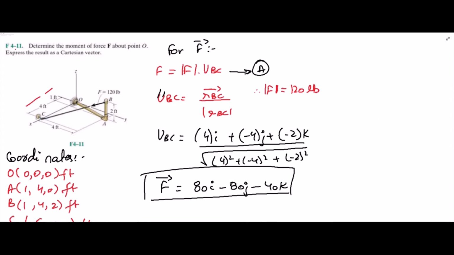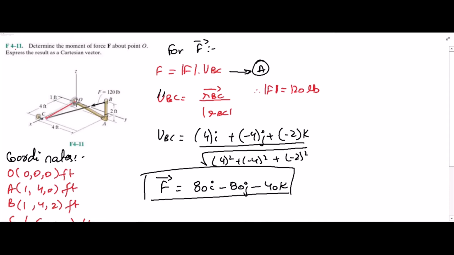For a 3D system, the only condition to find the moment arm is that it should start from the pivot point and end on the line of action of force. So there is no need to draw a perpendicular line from the line of action of force. We just need to draw the moment arm from the pivot point to any point on the line of action of force.